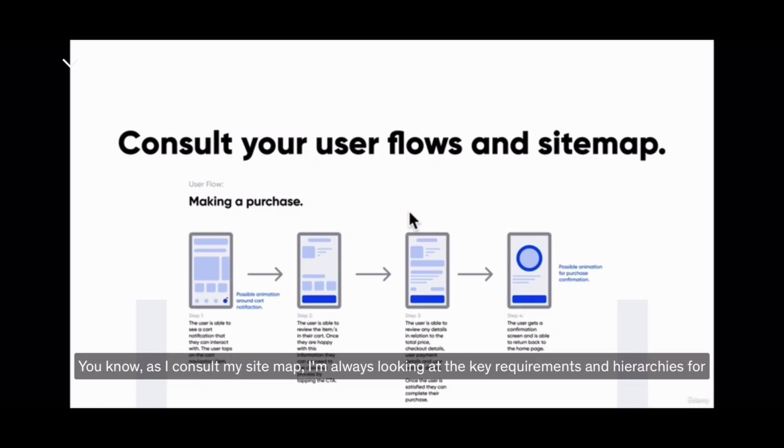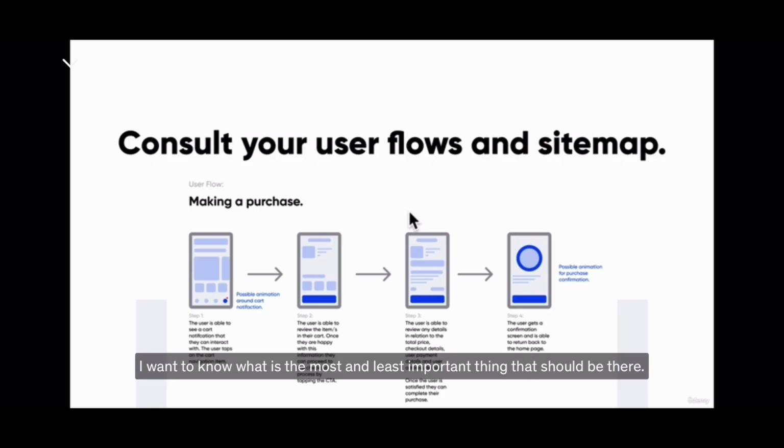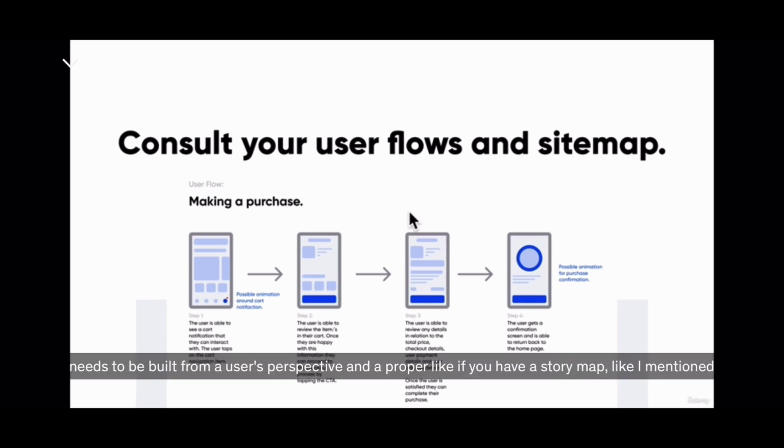As I consult my sitemaps, I'm always looking at the key requirements. I want to know what's the most and least important thing that should be there. Different user stories are really great because they're better indicators of what exactly needs to be built from the user's perspective.